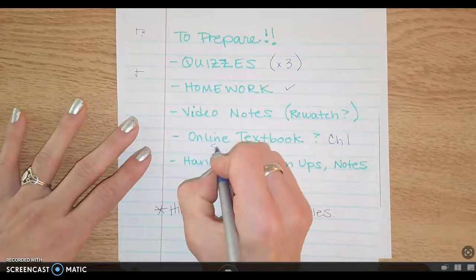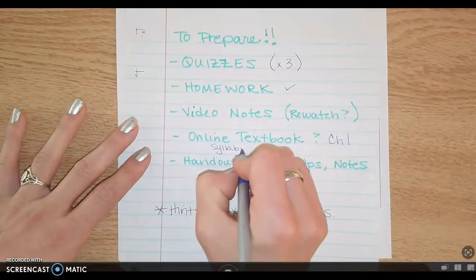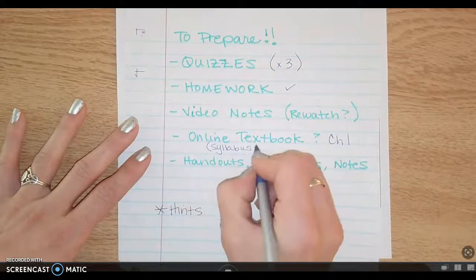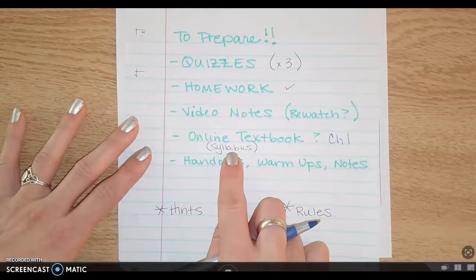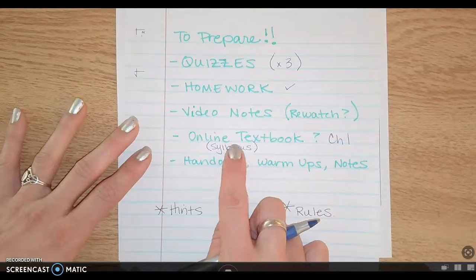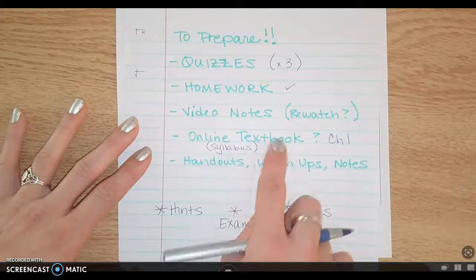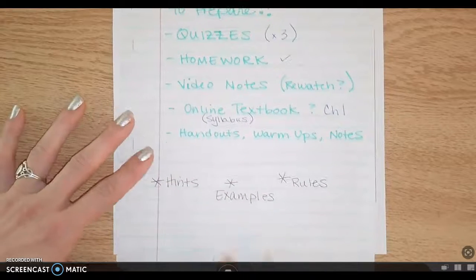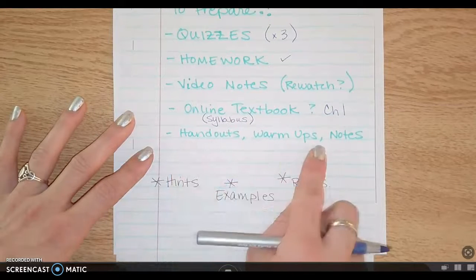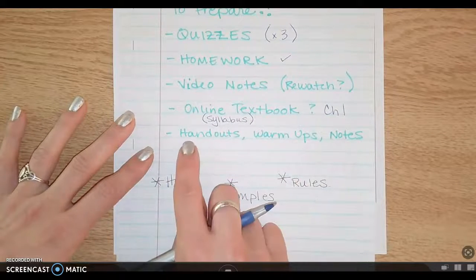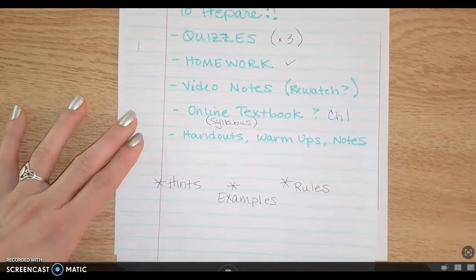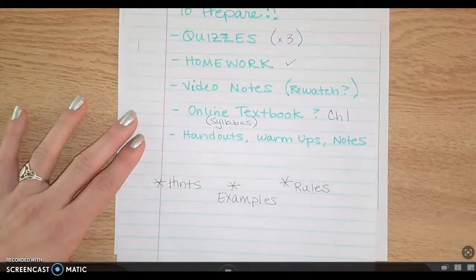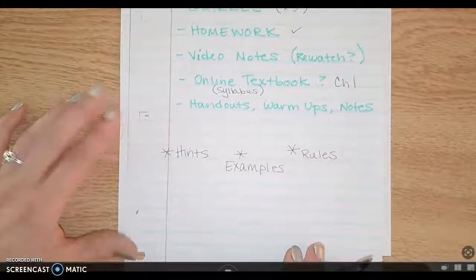This is in your syllabus. It's in the sheet that you got at the beginning of the year. There's a few places you can look back. I emailed it to you, or at least the links to things are emailed to you if you want to go back and find the online textbook. Then we have lots of handouts, warm-ups, notes, examples, practice, things that we've given to you or that you've written down in your binders, where you could find more examples of things that might help you on your cheat sheet.